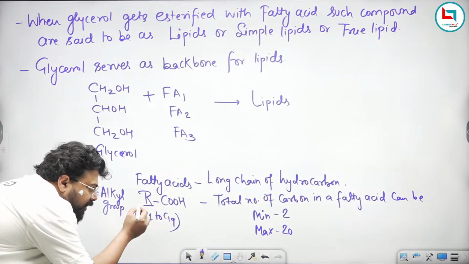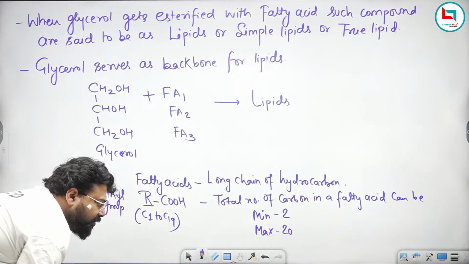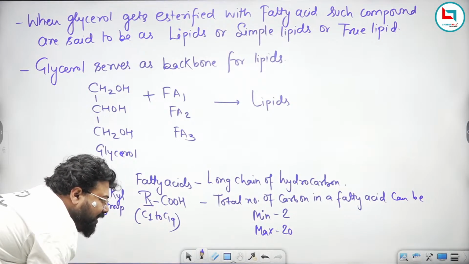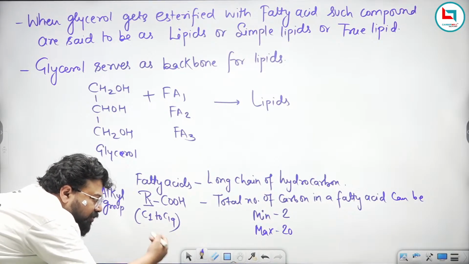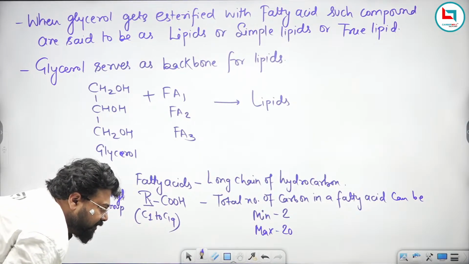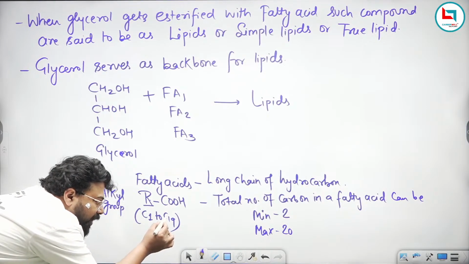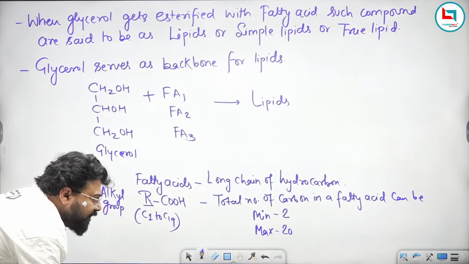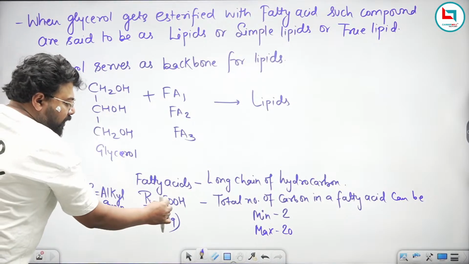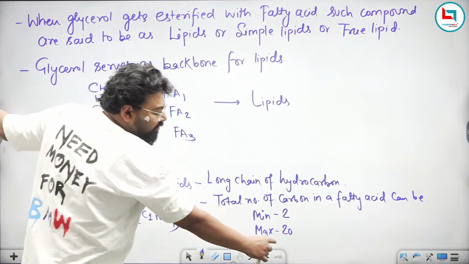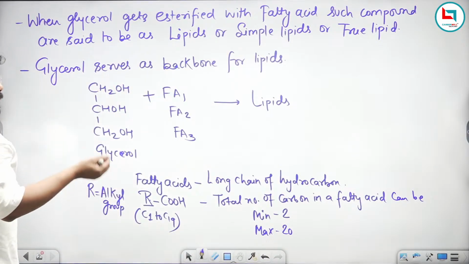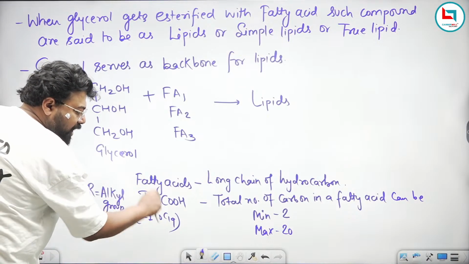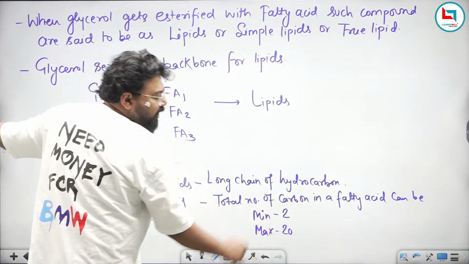Let's see. This R can contain carbon 1, meaning it can be a CH2 group, or this R can contain CH2, CH2, CH2 molecules repeating 19 times. If 19 molecules of CH2 are there, then there is one more carbon for the carboxylic acid: 19 carbons of CH2 group, 1 carbon of carboxylic acid, so the maximum number can be 20. If we talk about the minimum number, 1 CH2 can be there, 1 carbon of COOH, so the minimum number can be 2.